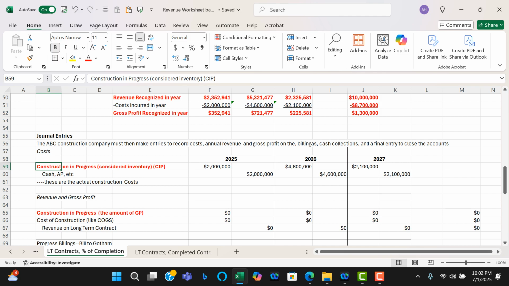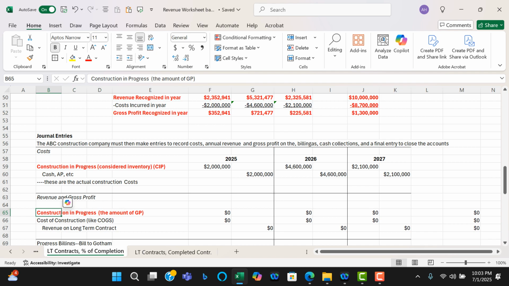Okay, so we're going to be debiting that, and we're going to be crediting. We're basically looking at these three numbers for each year, keeping in mind that construction in progress already shows the cost, but we're going to be including gross profit in there. That's the CIP account, and I'm going to emphasize this.